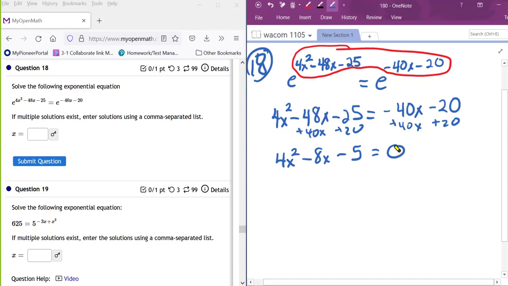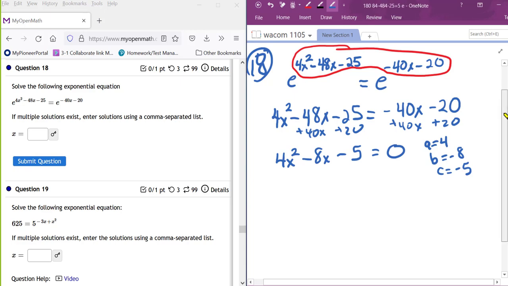Now, you could try factoring. Remember, a lot of these don't factor. And so I would suggest quadratic formula here with a coefficient that is not 1 on that trinomial. So we'll use quadratic formula. So a equals 4, b equals negative 8, and c equals negative 5.